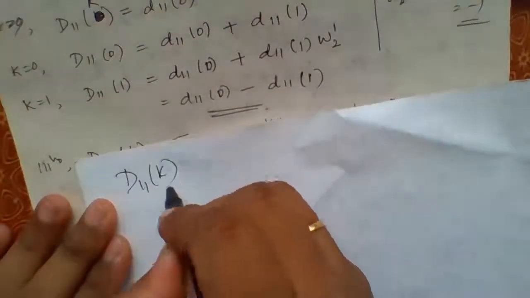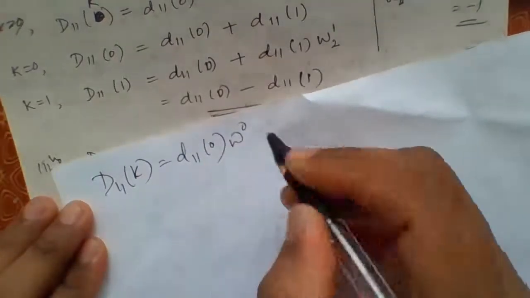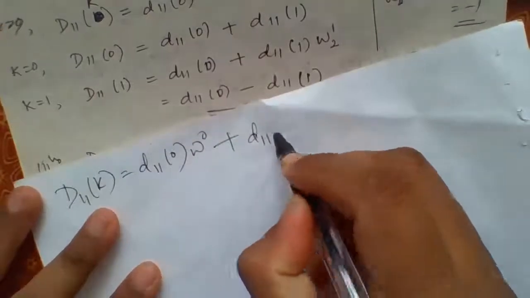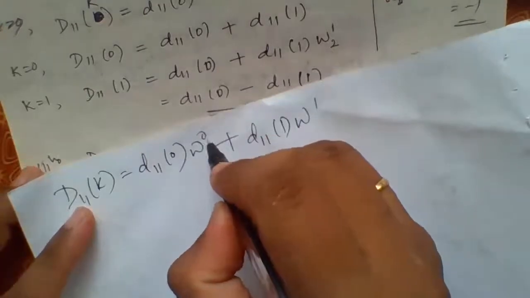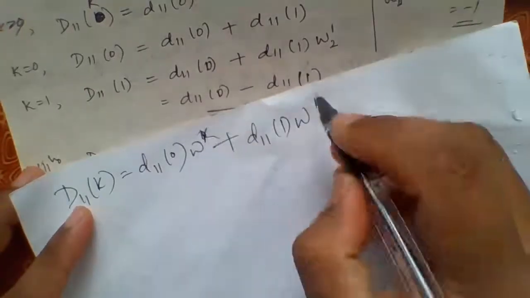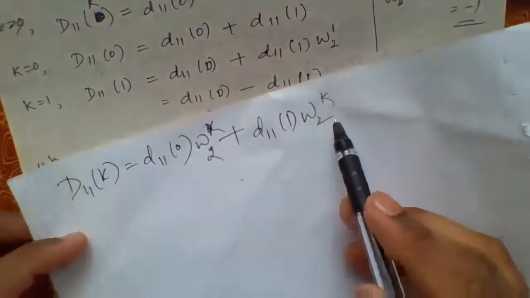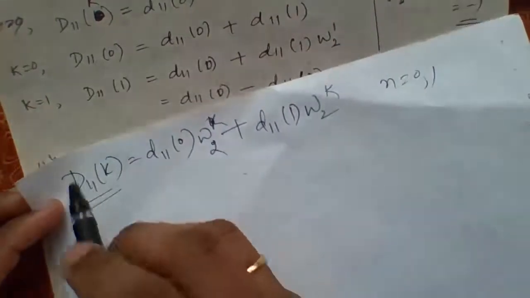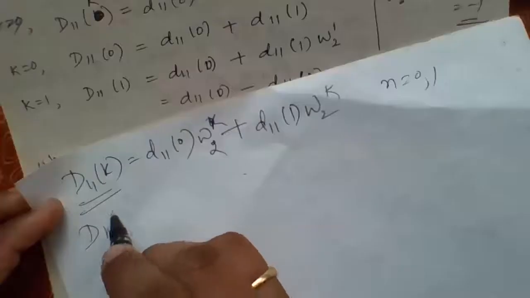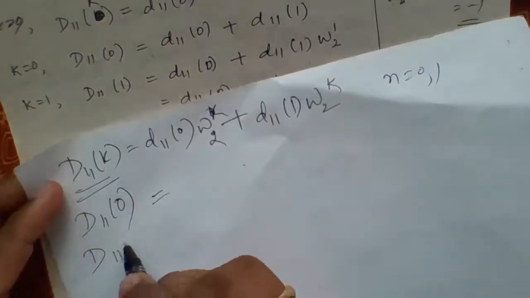D11 of K is D11 of 0 W raised to 0 plus D11 of 1 W raised to K, with suffix 2 everywhere, for N equal to 0 and 1. Then you can generate for K equal to 0, you are writing D11 of 0, and for K equal to 1, it will be D11 of 1.